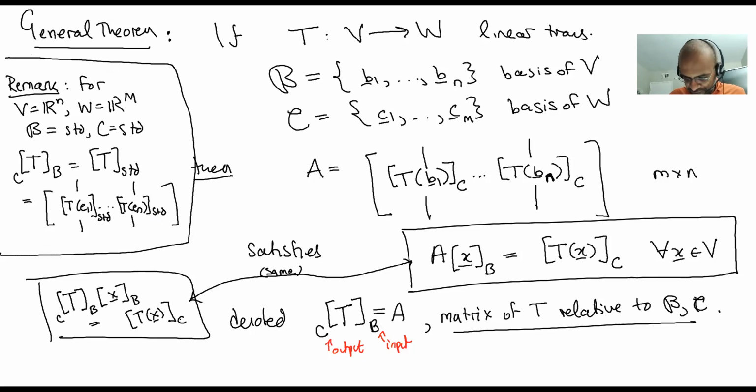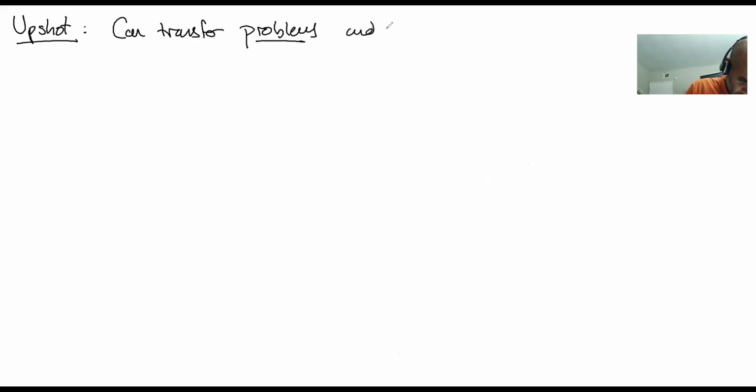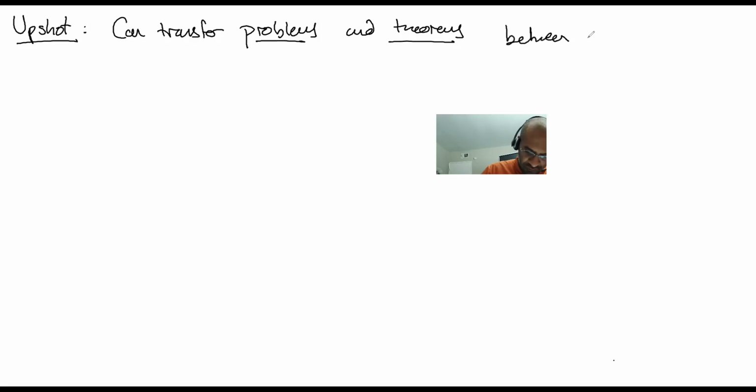Okay, so what's the point of doing this? Well, the point is you can transfer problems and theorems again. So, upshot: you can transfer problems and theorems between V, W and Rn, Rm.